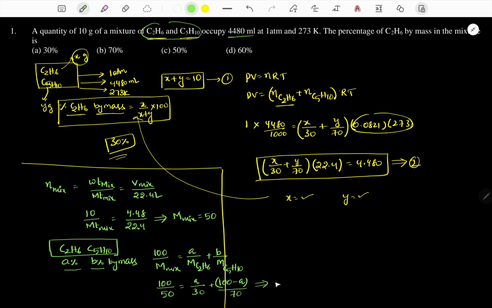From this we calculate the corresponding percentage of C2H6: A is equal to 30%.